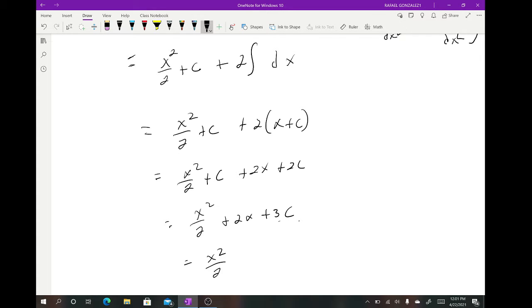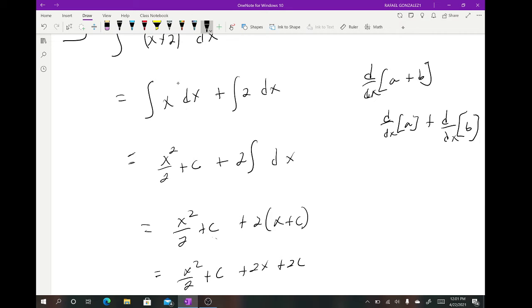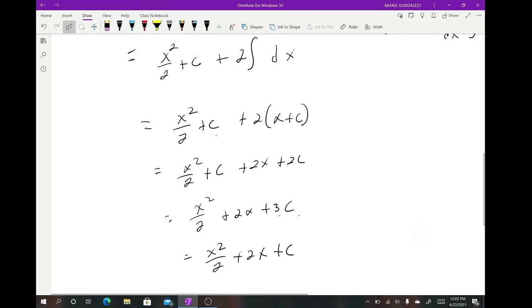This is x squared over 2 plus 2x plus c. This is perfectly fine. And again, much like I did in the previous part of this lecture, this is the only time that I'm actually going to write it like this, where I have multiple c's in here. In the future, what we will do is we simply will just take the antiderivative of the variables or the constants and just add the plus c at the end.